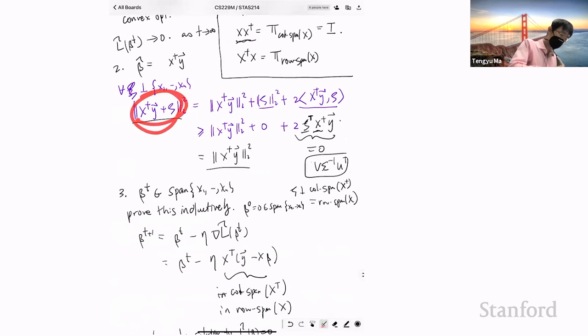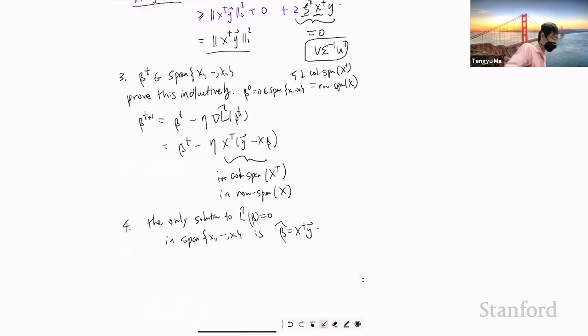And among these, who are in the row span of X? Only this one is in the row span of X, because all of these are not in the row span of X. They are orthogonal to the row span of X. So the only solution that is in the row span of X is just the first term. We just take the first term. And that happens to be the minimum norm solution, and that's why you get a minimum norm solution.